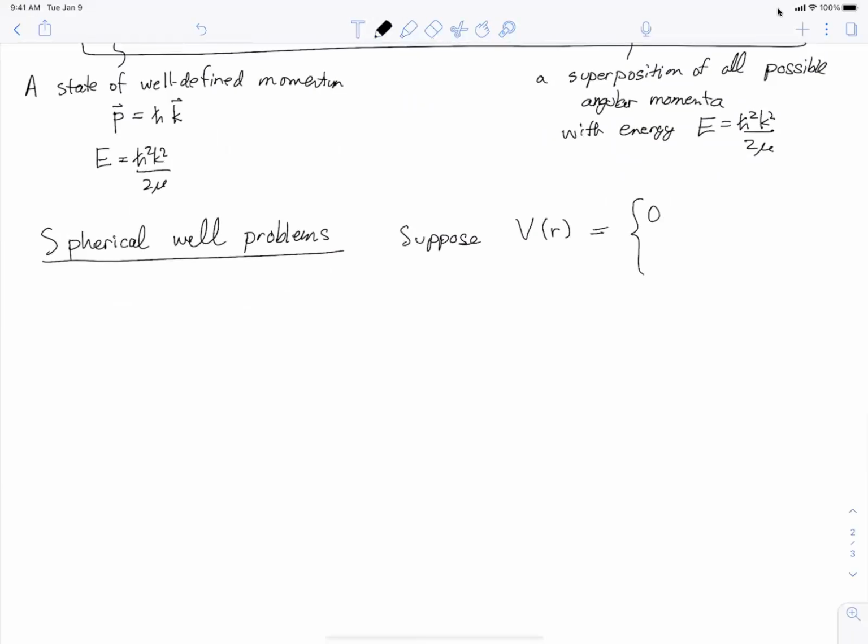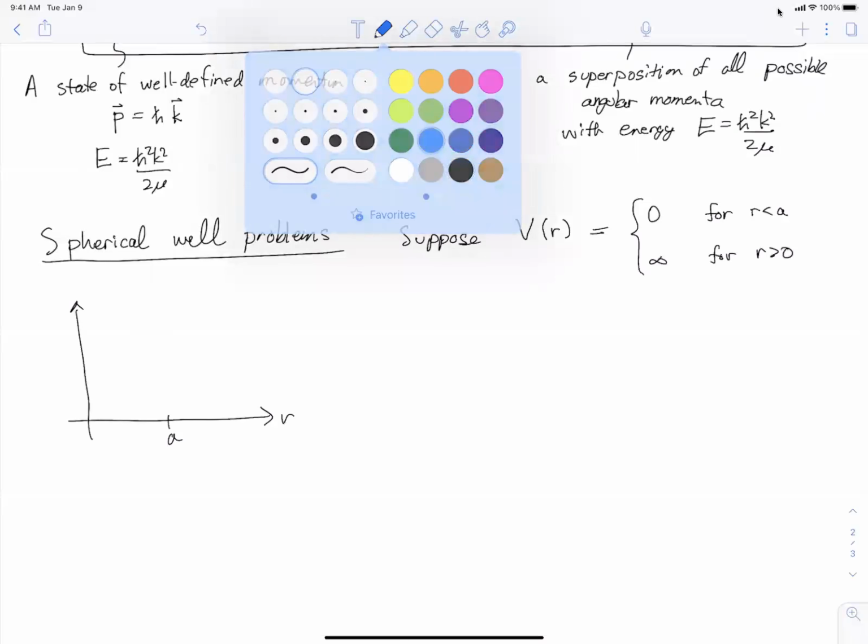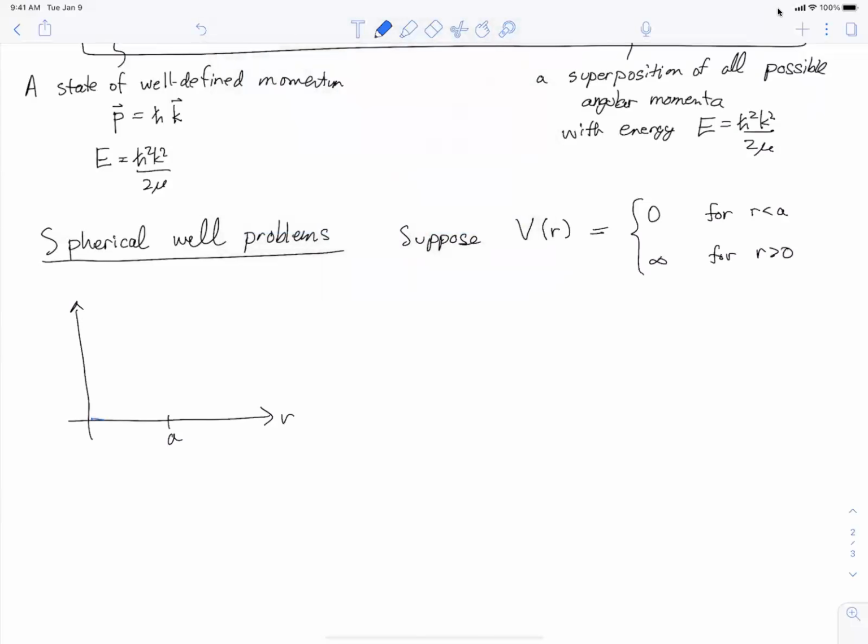It's 0 for r less than a, and infinity for r greater than a. So if I graph it, of course, it looks just like this. There's r, there's a, and it's 0, and then it bumps up to some very large value that we're calling infinity. Of course, there's no real infinity, but it's an idealization. It looks like that.